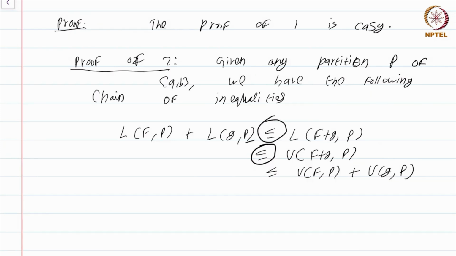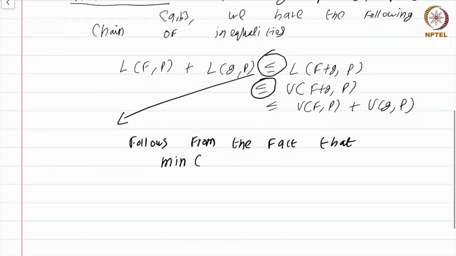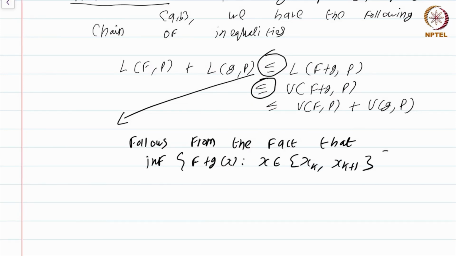So this inequality follows from the fact that the infimum of f plus g of x, as x runs through some set [x_k, x_{k+1}], is greater than or equal to the infimum of f of x plus the infimum of g of x as x runs through the same set.